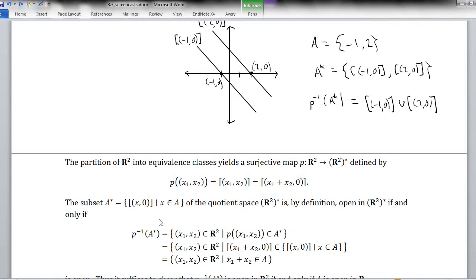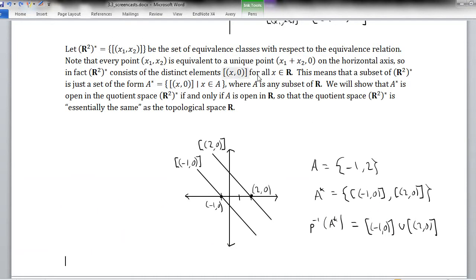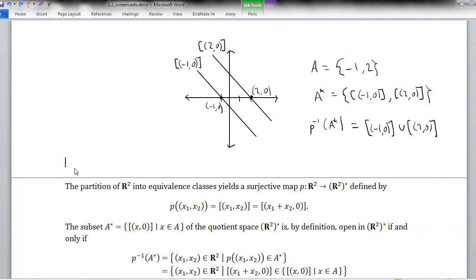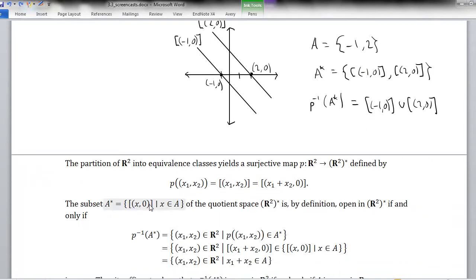Remember, we want to know when A star is open in R2 star. Okay. All right, well, the subset A star, defined like this, of the quotient space R2 star is by definition open in R2 star if and only if its preimage under this quotient map P is open.